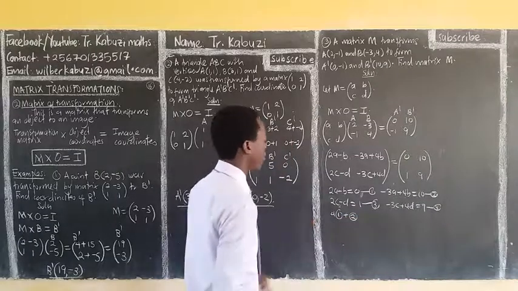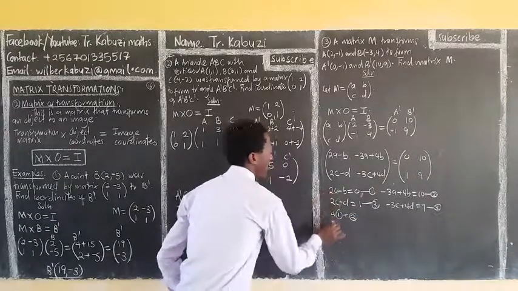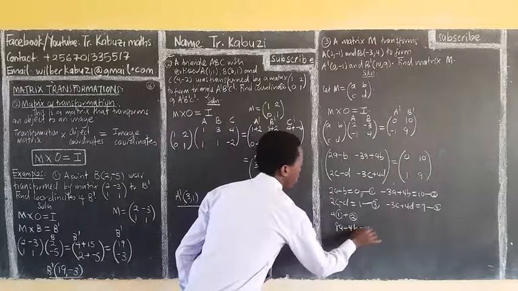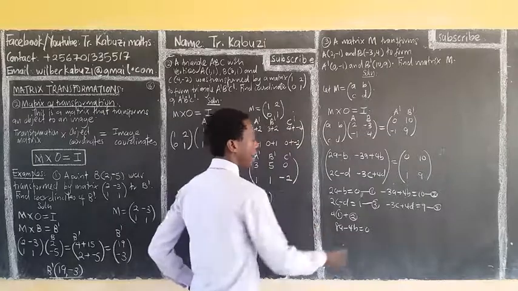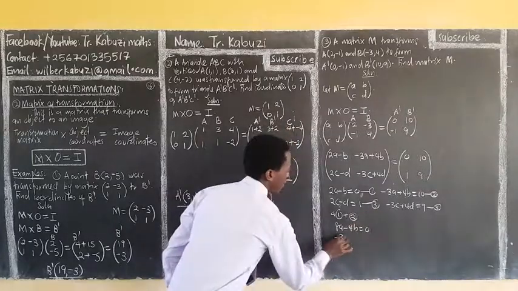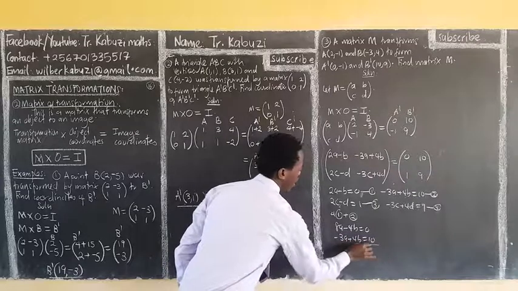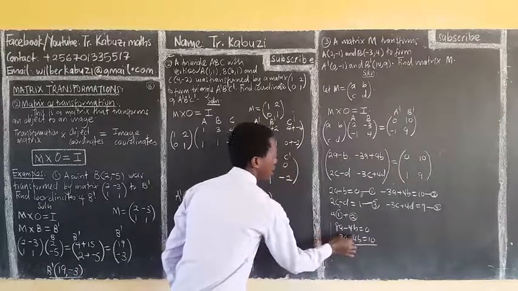When I multiply by 4, I'll get 8A minus 4B equal to 0. Then this one is negative 3A plus 4B equal to 10. Then we add.